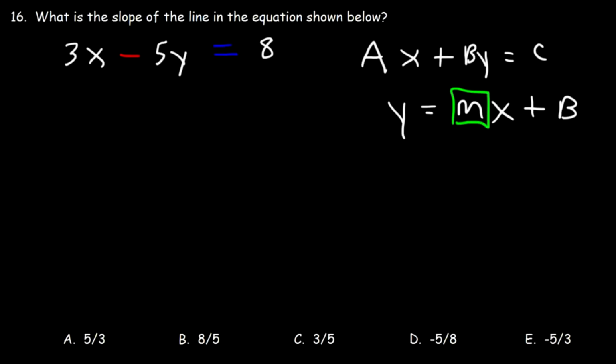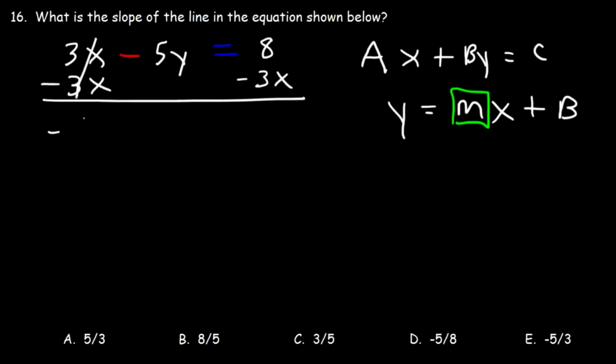So let's get y by itself on one side of the equation. So let's begin by subtracting both sides by 3x. So negative 5y is equal to negative 3x plus 8. Now, in our next step, we're going to divide everything by negative 5.